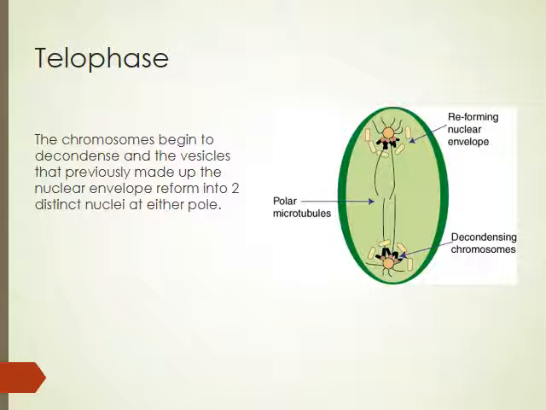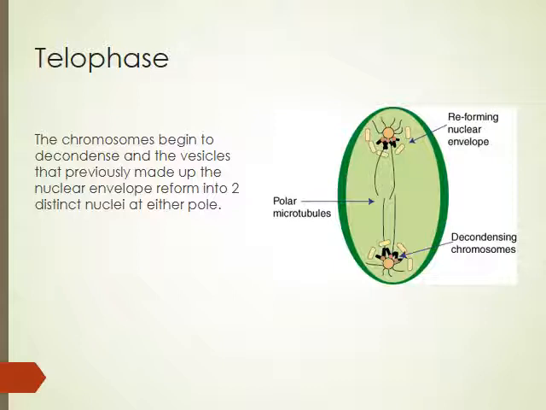All right, so first step, prophase. Chromosomes thicken, nuclear envelope dissolves, the centrosomes begin to produce microtubules. Second phase, prometaphase. The microtubules bind to the chromosomes. Third phase, metaphase. The chromosomes are going to line up along the center of the cell.